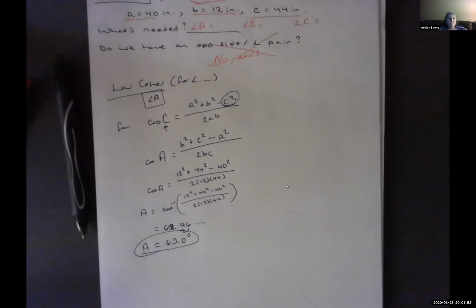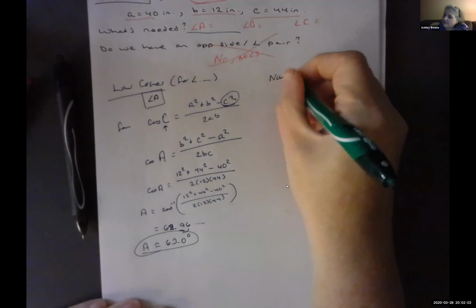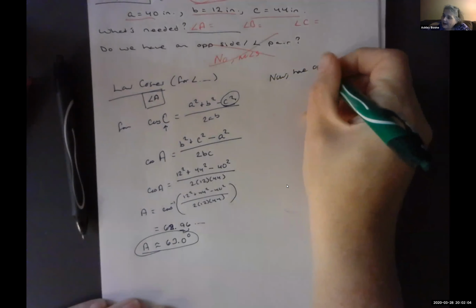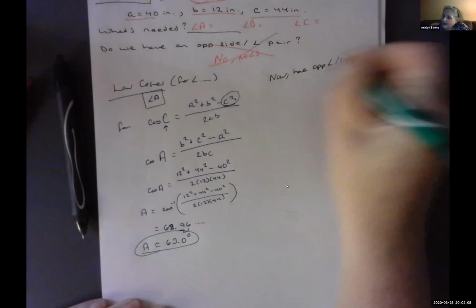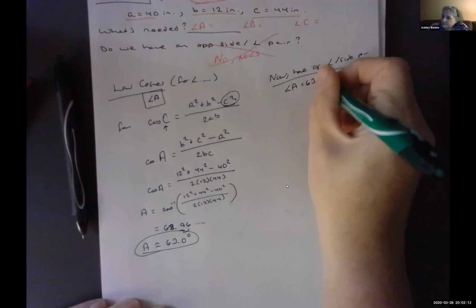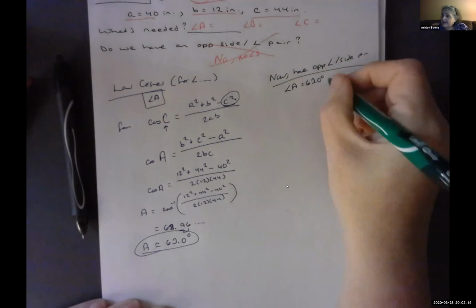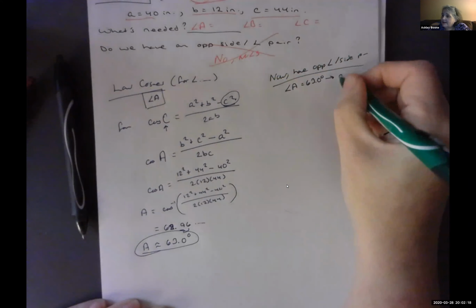And I got that by law of cosines. Now, here's the trick, and I didn't go through one of these before. Now we have an opposite angle-side pair, because I know that angle A is 63.0 degrees, which means my opposite side A is 40.